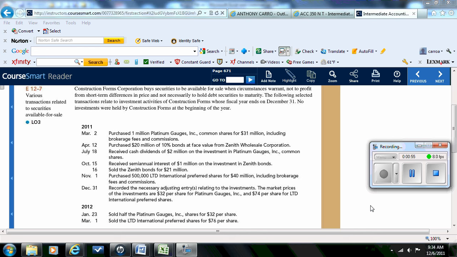We're going to begin in 2011, where we will purchase some stock, we'll purchase bonds, we'll have a sale of a security, we'll receive dividends and interest, and then we're going to need to make an adjusting journal entry to record the change in fair value for the securities that are held as of the end of the year. So read through the problem, take a look at the transactions, and we'll prepare the journal entries.